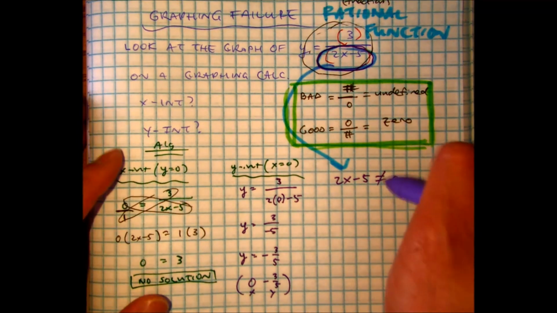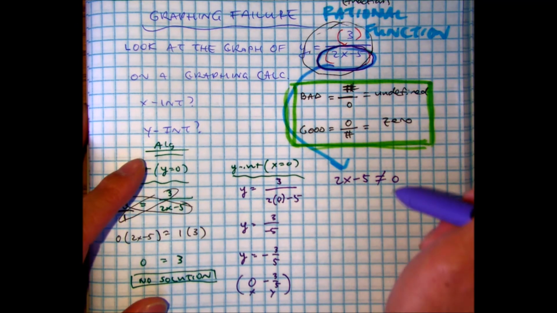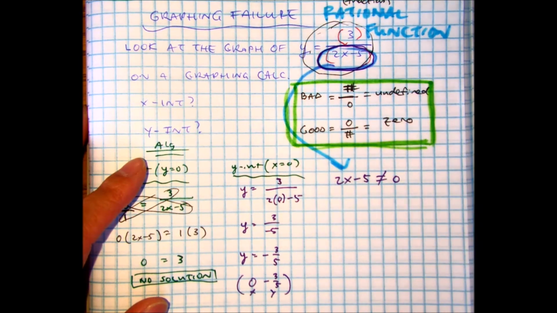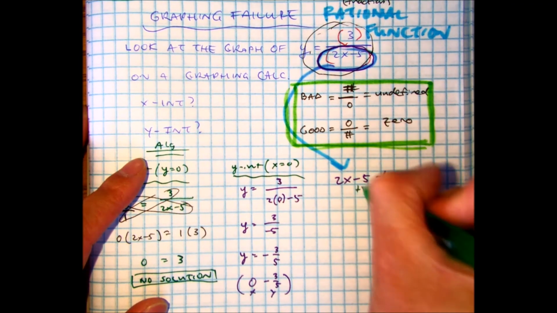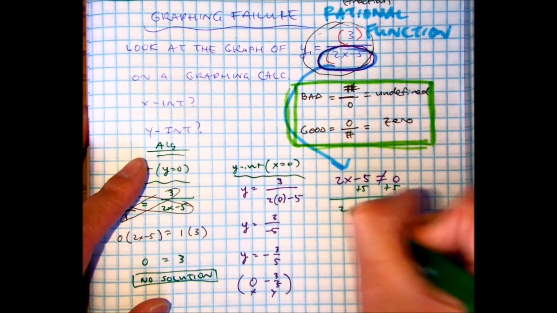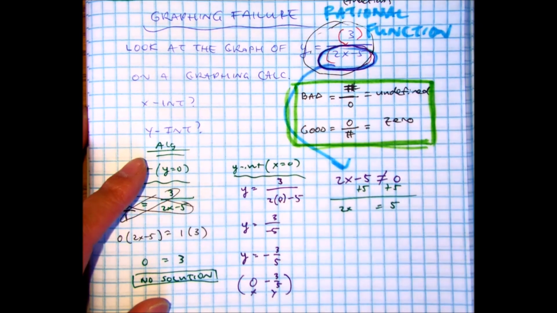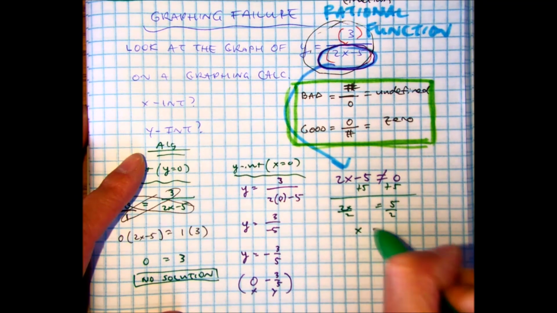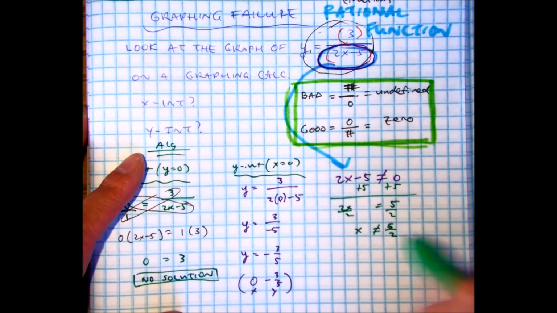You remember those inequality signs you got kind of nervous about? Just pretend it's not there. So how would you solve for x here? Add 5. 2x equals 5. Now what? Divide by 2. Okay. X is not equal to 5 halves.